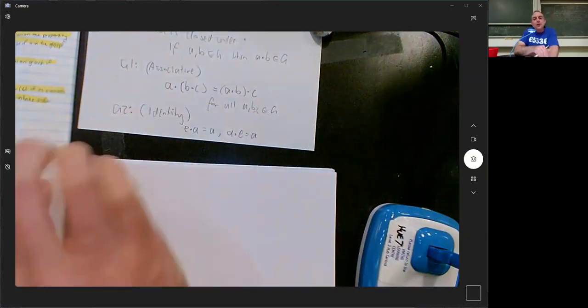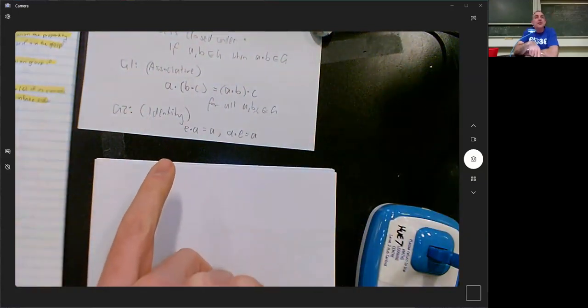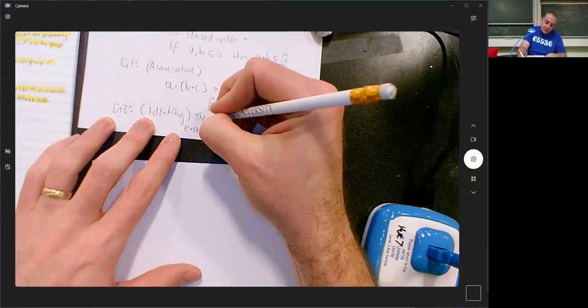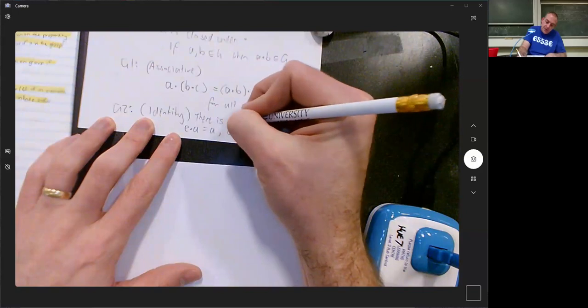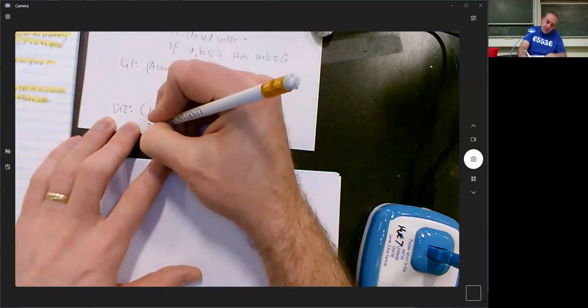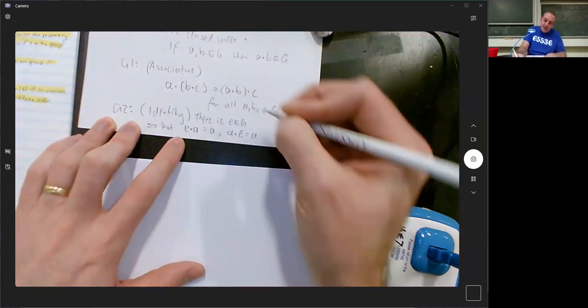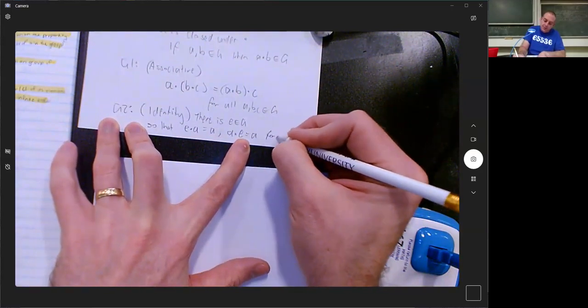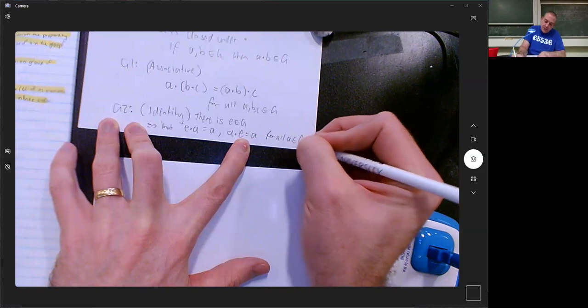Okay, so what is E? That's the identity. All right, so you have to say there is an element E in G so that E times A is A and A dot E is A for all A in G.